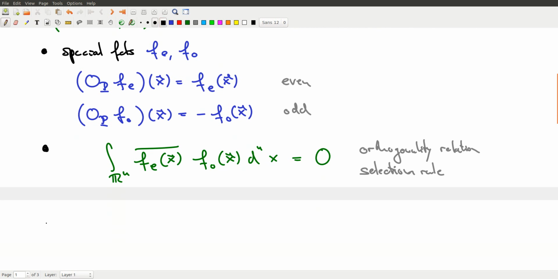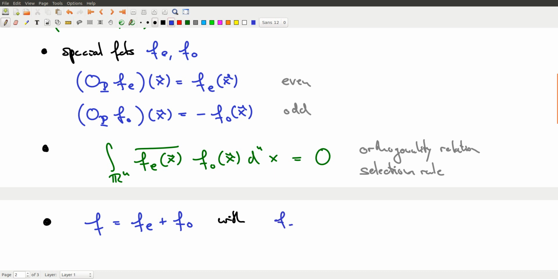And there's one more thing we can do also in more general. Let's do it here in this example. Take some function f, and then we can always write it as a sum of an even and an odd function. Of course, you know how we do this.